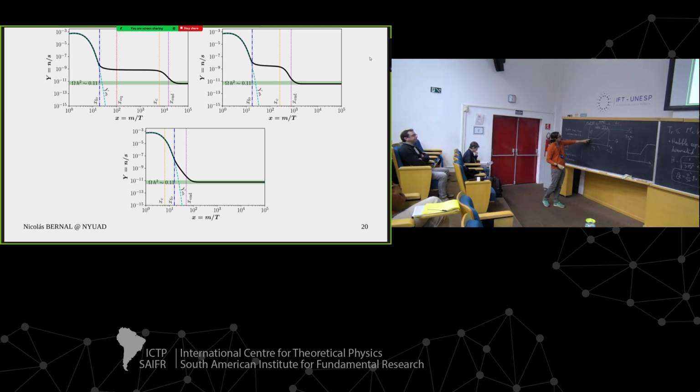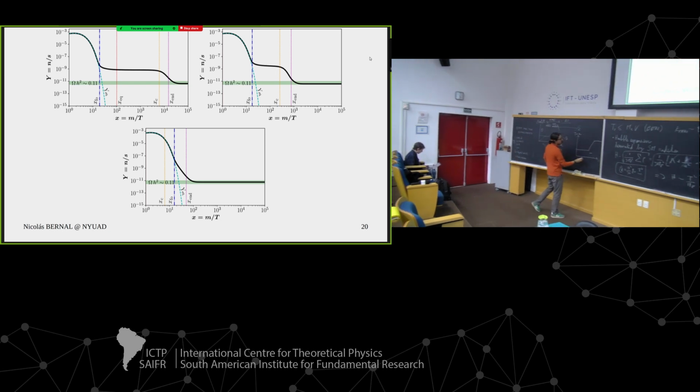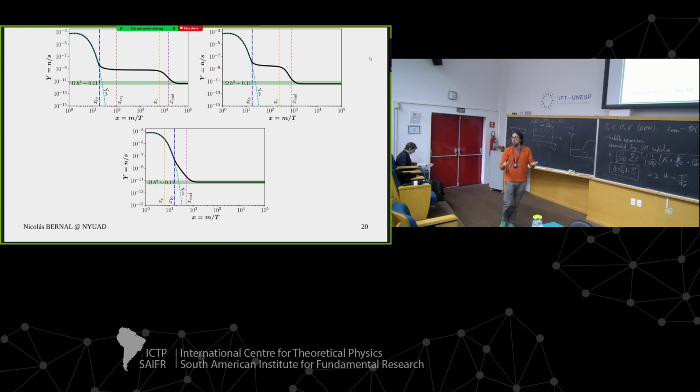So the freeze out is when the universe is dominated by radiation, right? You have the same decoupling: matter tracks equilibrium, and at some point you have a decoupling and it's completely flat. But at some point you feel the entropy injection, this non-adiabatic period, and therefore what you have is a dilution.